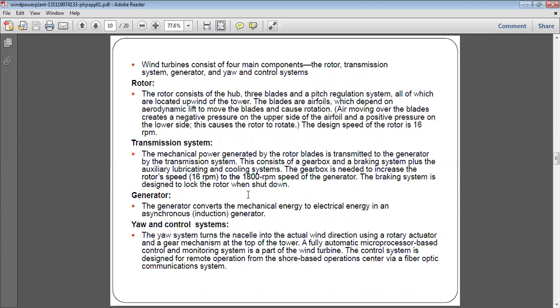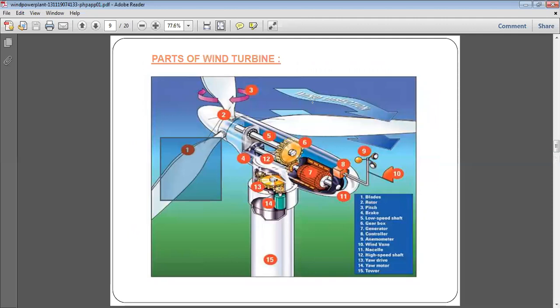The blades are airfoils which depend on aerodynamic lift. Air moving over the blades causes negative pressure on the upper side and positive pressure on the lower side. This causes the rotor to rotate in the direction of the air.